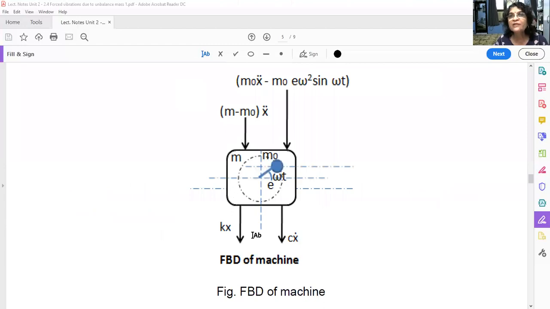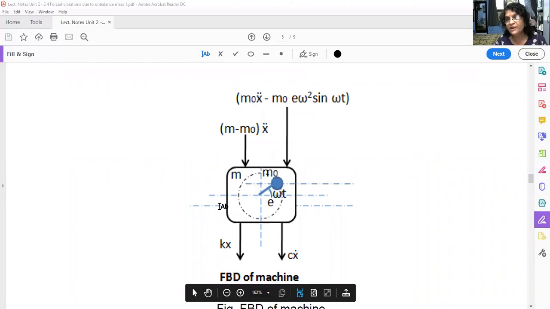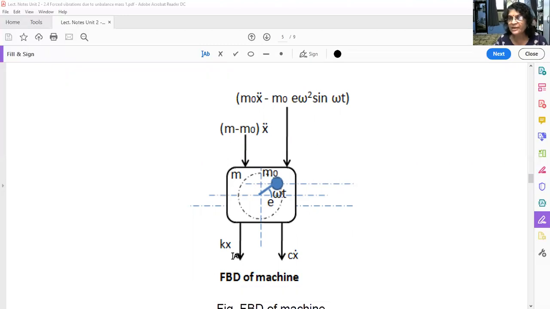What are the forces? This is a free body diagram of the machine. As the machine is moving up at any time t, the spring force acts downward with magnitude kx, and the damping force acts downward with magnitude c x dot. What are the remaining forces? Inertia force, because there is no external force here. The inertia force is M minus m0 into x double dot, the total mass of the machinery excluding m0.